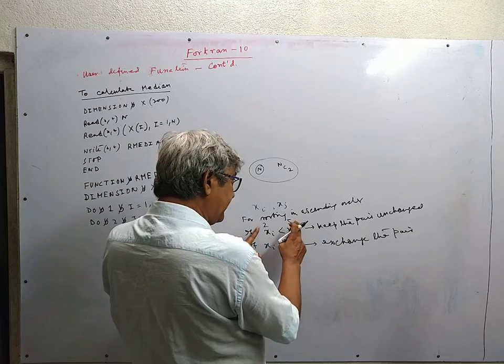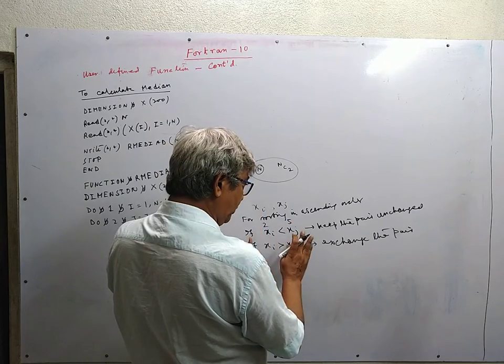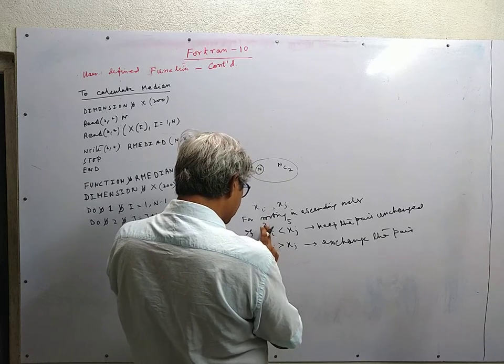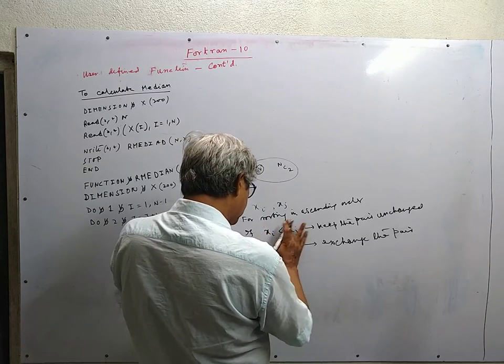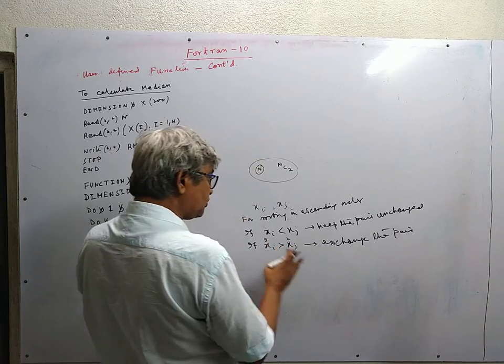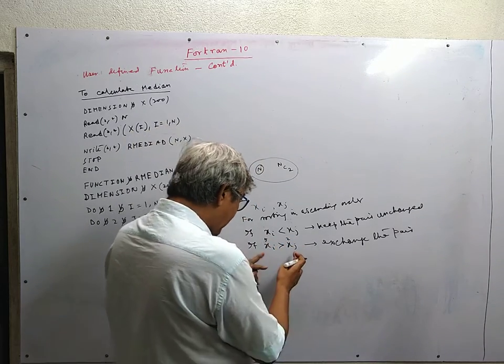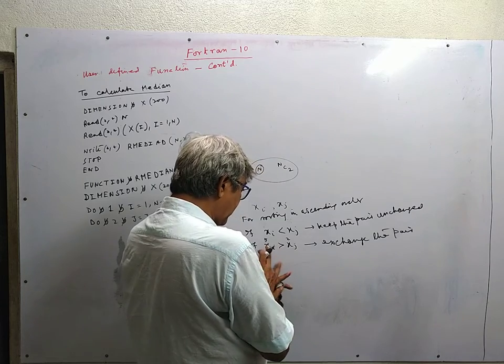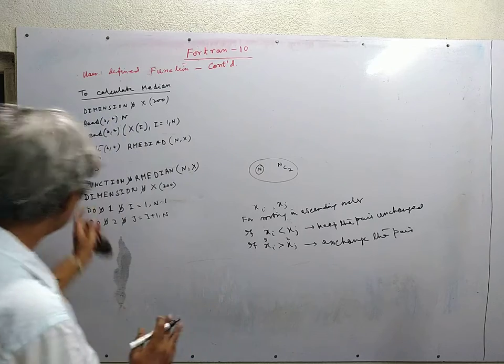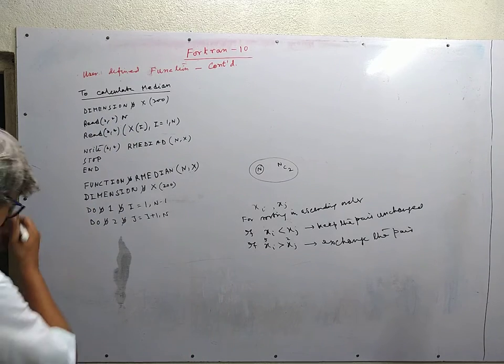So it is already in order, so you need not do anything. But if the thing is reversed, say this is 5 and this is 2, so this is not in right order. So we are to exchange them so that xi becomes 2 and xj becomes 5. Now let me show how it can be done.